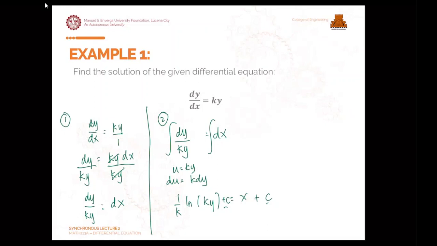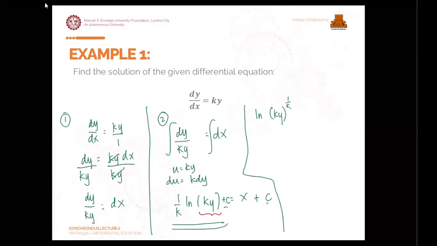Okay? Then, kasunod natin step is to simplify. So, paano natin to simplify yan? What we can do muna is to change muna tong term na to. So, sa property ng natural logarithm, kapag may coefficient pa dun sa unahan, pwede mo siyang gawing exponent nung exponent nitong nasa loob ng natural logarithm. Okay? So, we have ln ky raised to 1 over k.